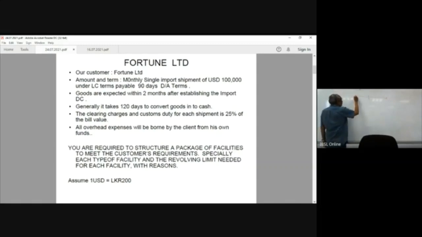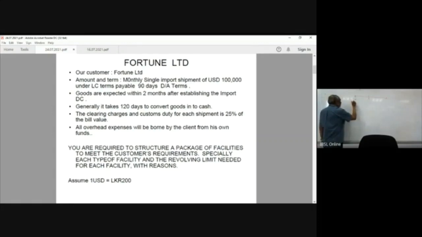Now, when they open the LC for US dollars 100,000, they will advise to the beneficiary's advising bank, then the advising bank will advise the beneficiary, then the beneficiary will send the goods to him. Actually, we are opening the LC here, but we are advising the LC at this point.